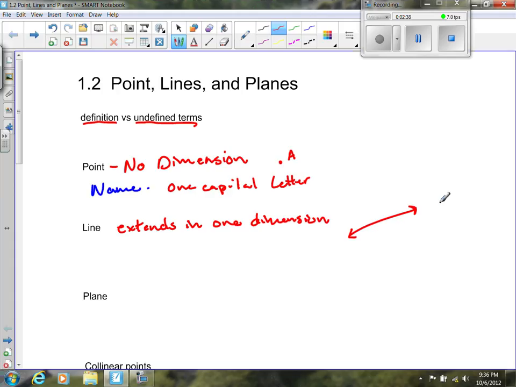If you start talking about things that are curved, like this, this is not a line. That's what we'd call a parabola. A line has to be straight. Okay? And there's two ways to name it. I'll put 2 points on that line, and I can name this line.